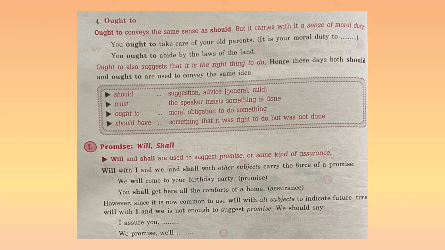We will come to your birthday party. It shows promise. In place of shall, what have we used? Will. So it shows promise. You shall get here all the comforts of a home. As we know, along with I and we, grammatically we should use shall, and with other subjects we should use will.